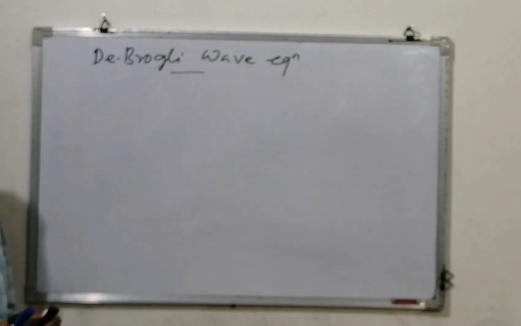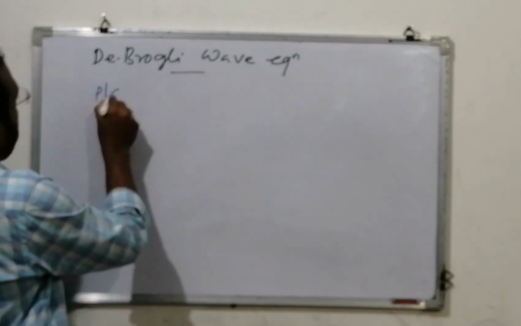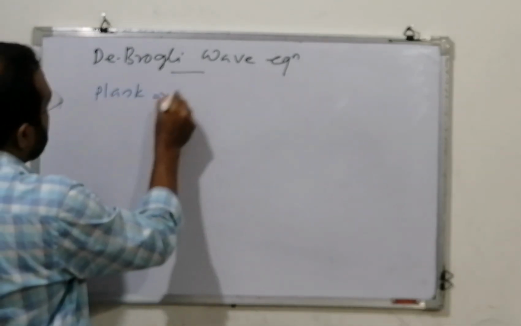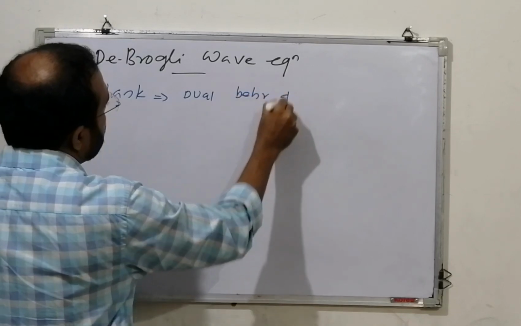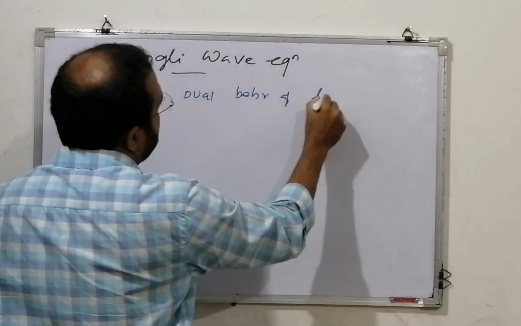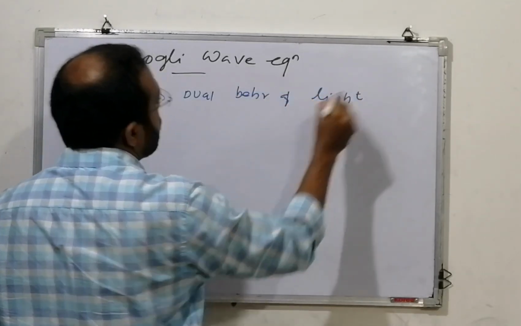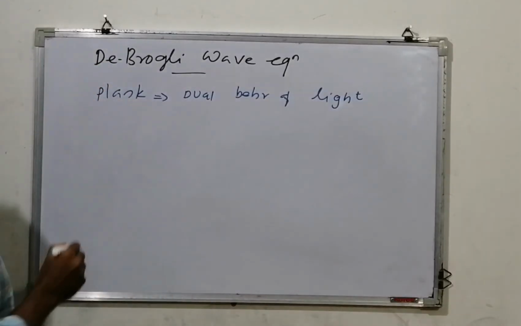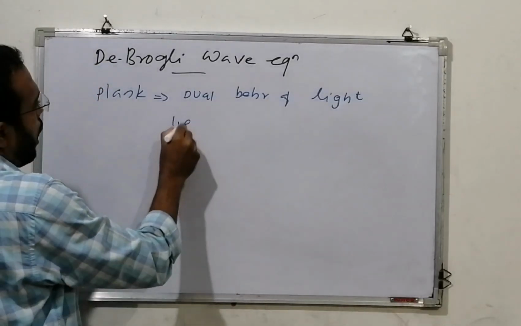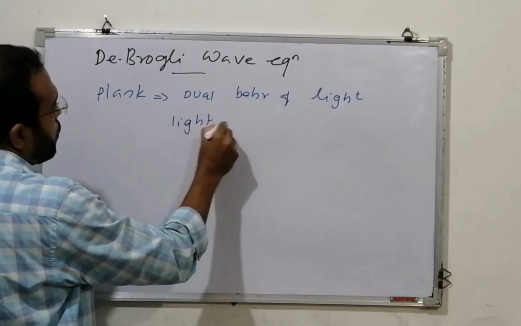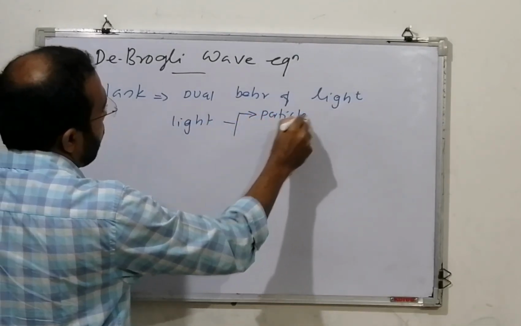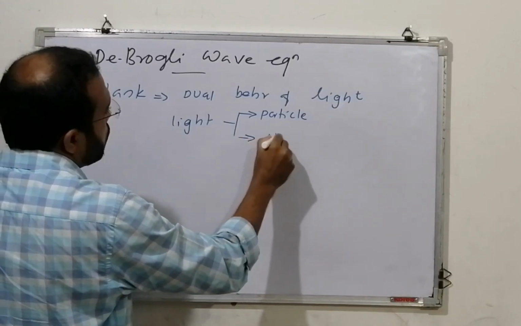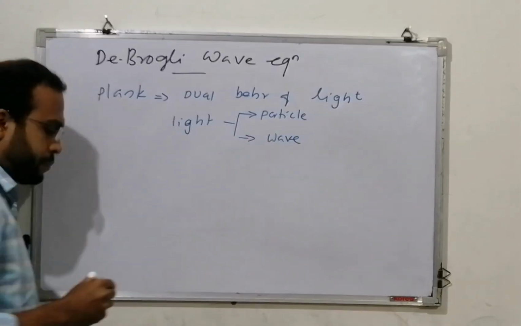Before De Broglie, Planck introduced the dual behavior of light. That is, light has particle as well as wave nature.